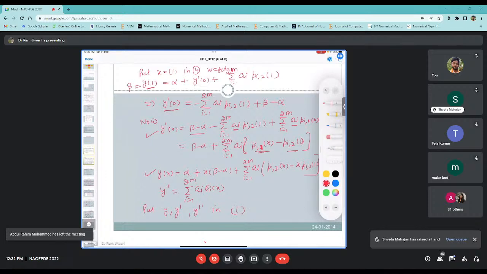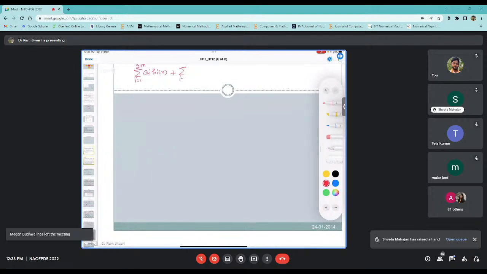For simplicity, I'm using boundary conditions as 0; otherwise you can use alpha and beta as known things, but for simplicity here alpha is equal to 0 and beta is equal to 0, from 2m and ai pi 1 x minus pi 2 of 1.